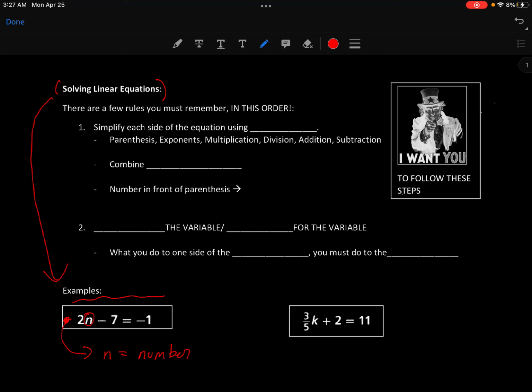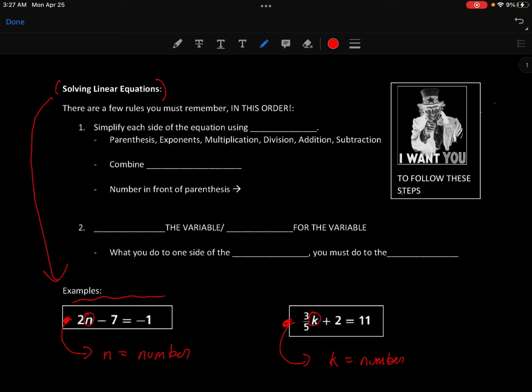Same thing on this side. You have one variable, k. You want to make that into k is equal to a number. Solving it means we're turning the equation from this form into this. That's what that means.